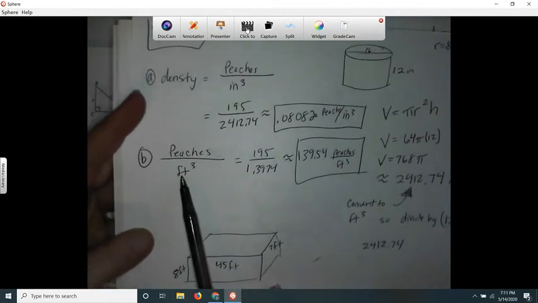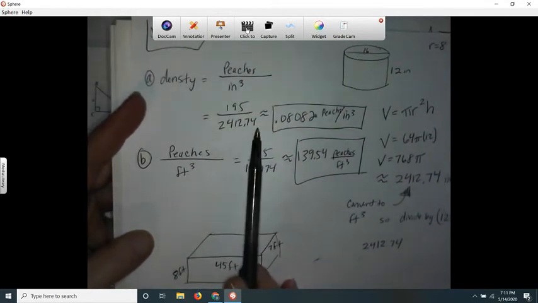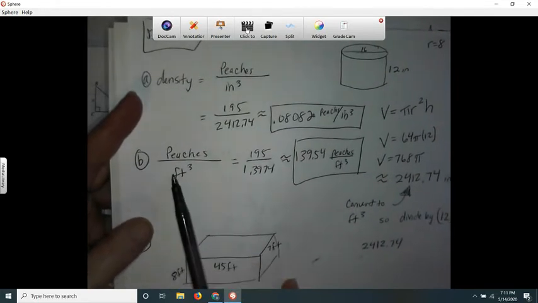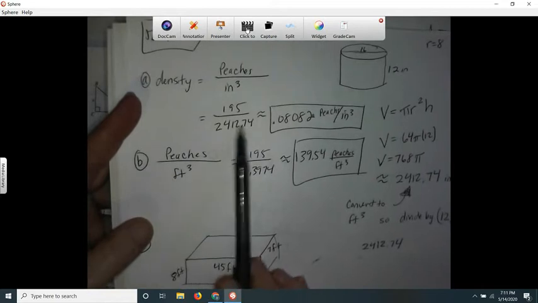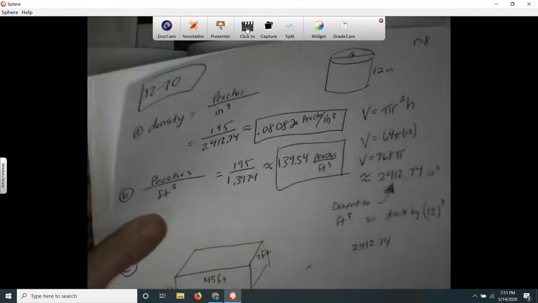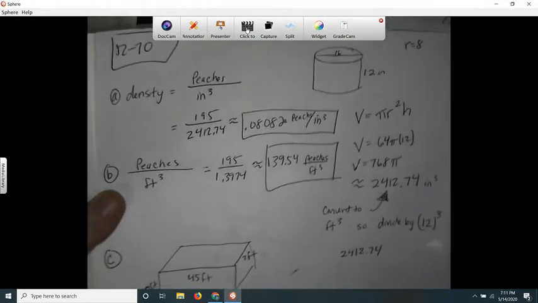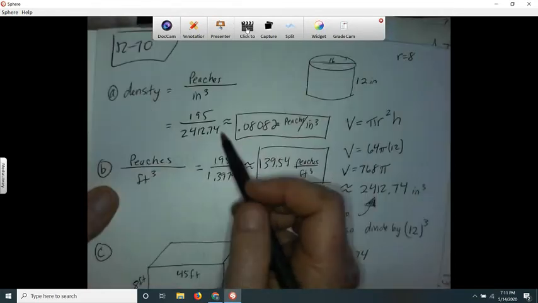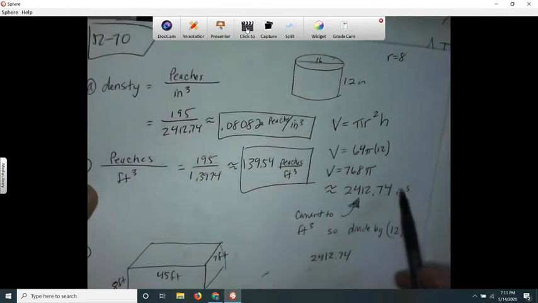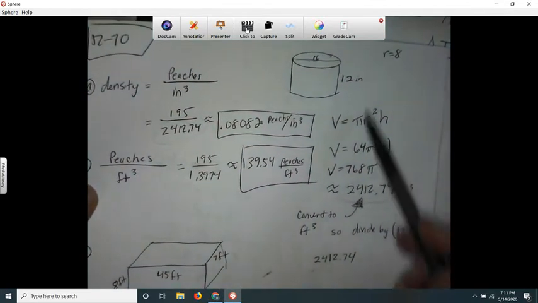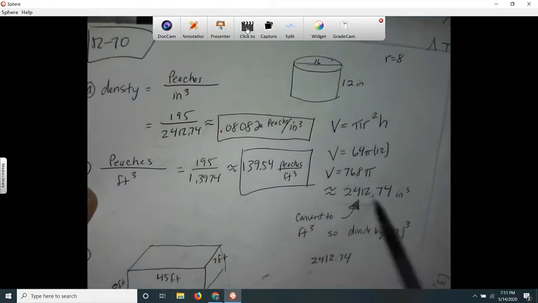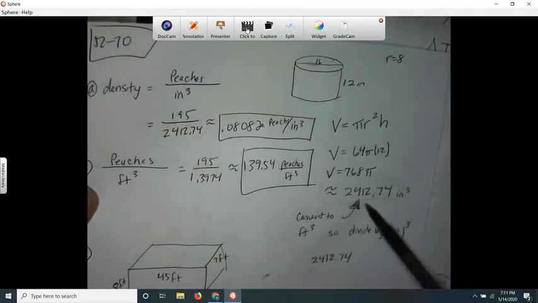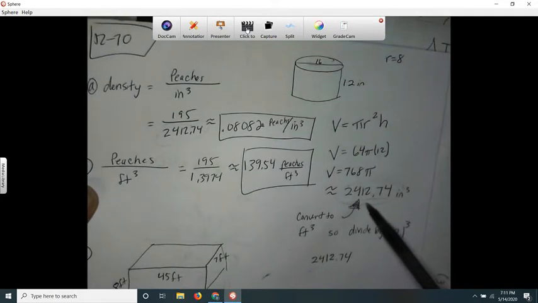I already have the volume in inches, so I could get feet by dividing, because there are 12 inches in a foot. I took this number, which is the cubic inches we already calculated. That's the volume.